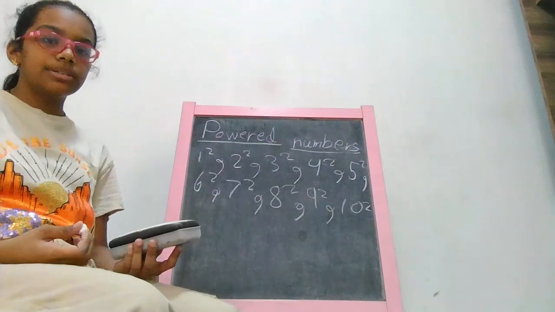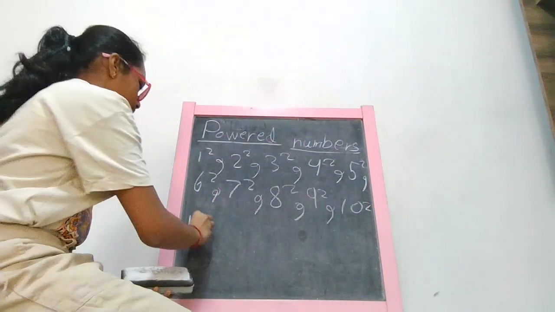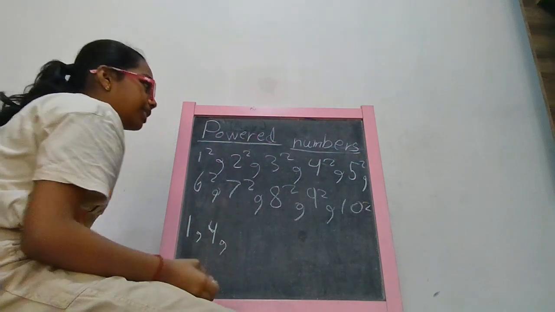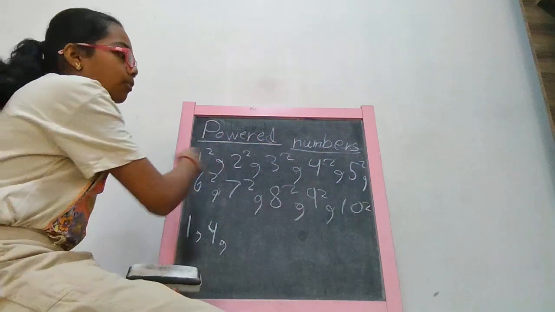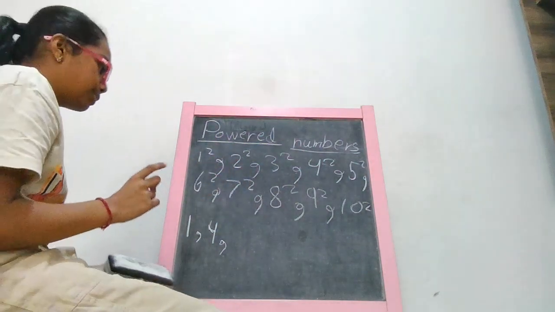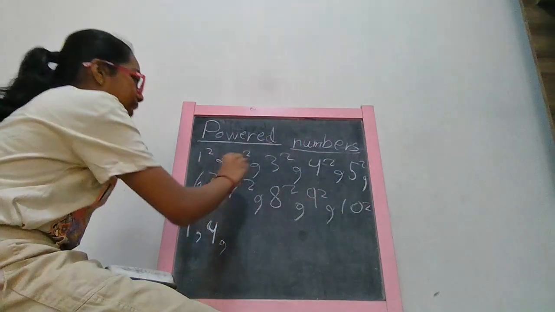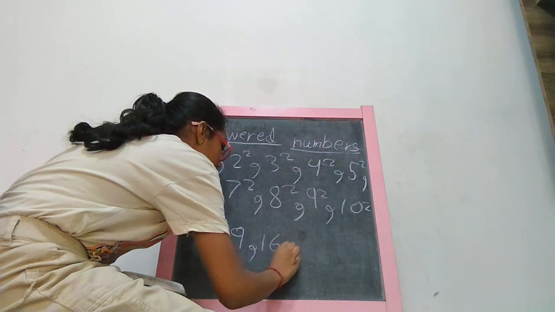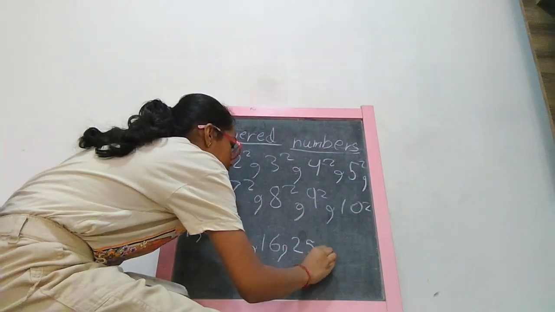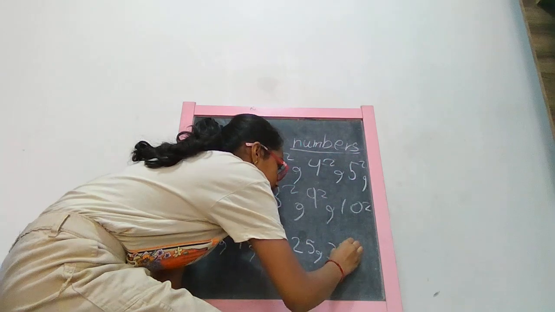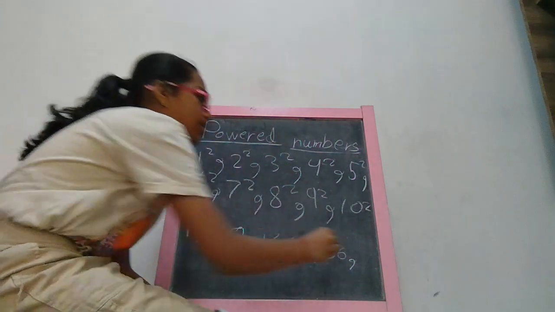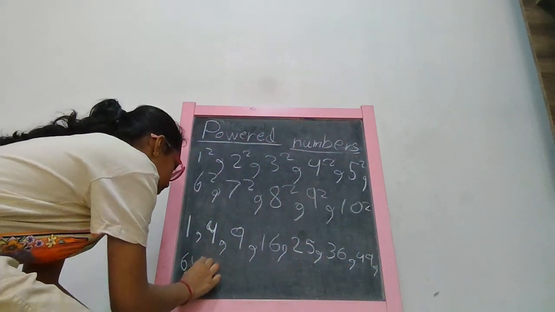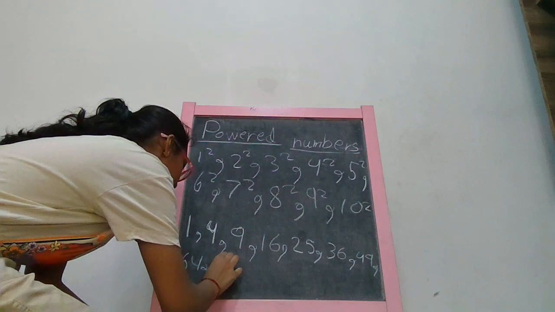So let's see what 1 squared is. 1 times 1 is 1. 2 times 2 is 4. 3 times 3 is 9. You should know these. These are tables from 1 to 10, simple multiplication tables. 4 times 4, 16. 5 times 5, 25. 6 times 6, 36. 7 times 7, 49. 8 times 8, 64. 9 times 9, 81.